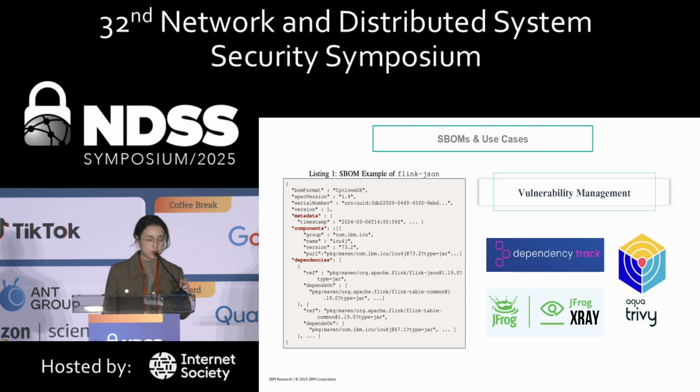SBOM plays a crucial role in vulnerability management by providing visibility into the software. Many vulnerability scanners are built on top of the SBOM by cross-referencing the dependencies with the vulnerability database. They can enable quick identification and resolution of potential issues.